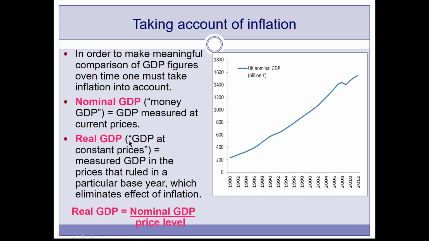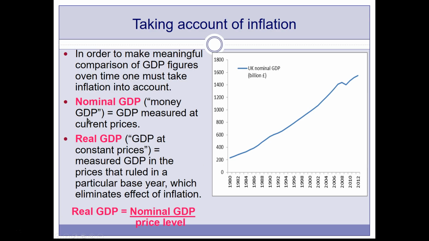So we'll try to convert actual GDP data, assuming that prices haven't changed. And this real GDP result will tell us how exactly the actual production level has increased, because prices are now constant. So all increase in output will actually come from the increase in the actual production.